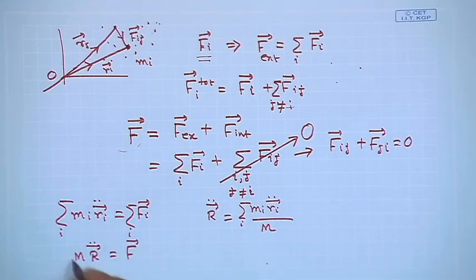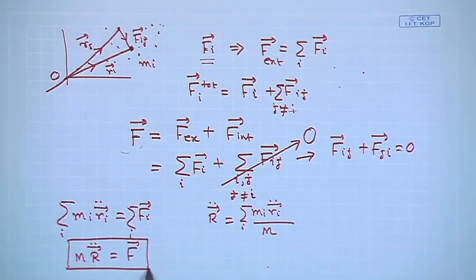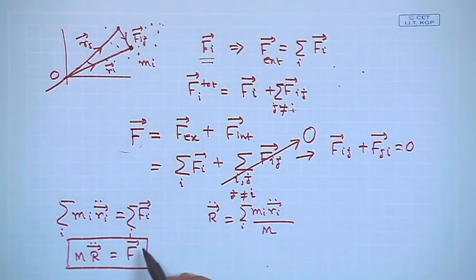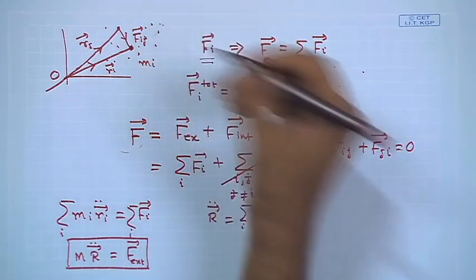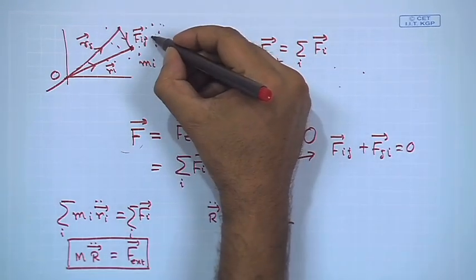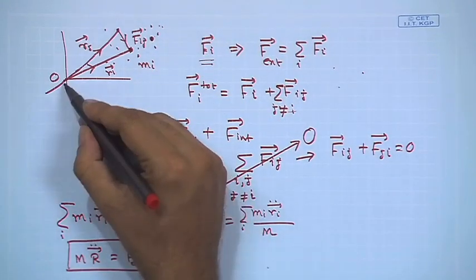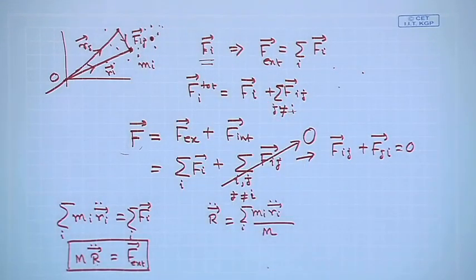So, this is simply F. So, we see, as I said already, for the motion of this system of particles under a net externally applied force F, or we can write it as F external itself, the motion is as if the entire mass is concentrated at some center of mass with mass capital M and a position vector R, which is given by this relation.